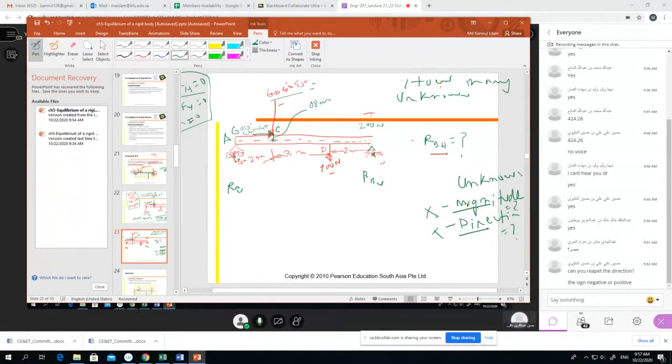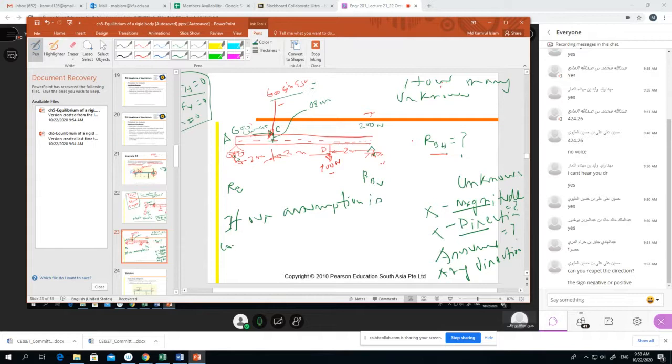Direction, I assume any direction. We will assume any direction. I'm writing down very quickly, but you must note it down.